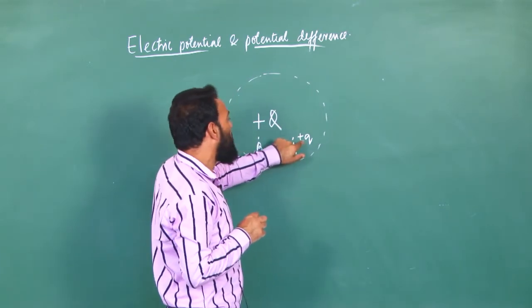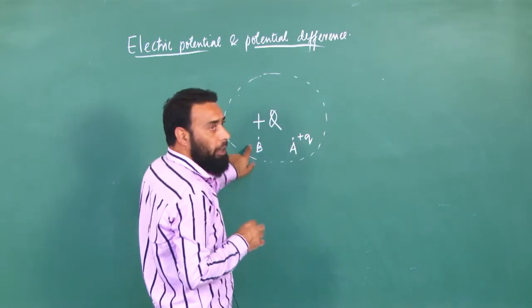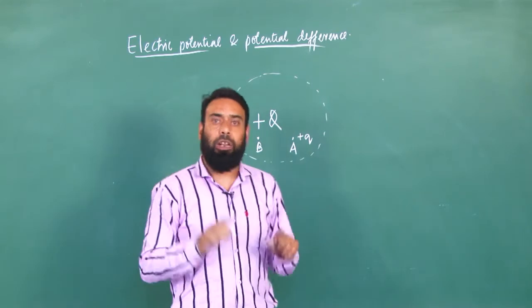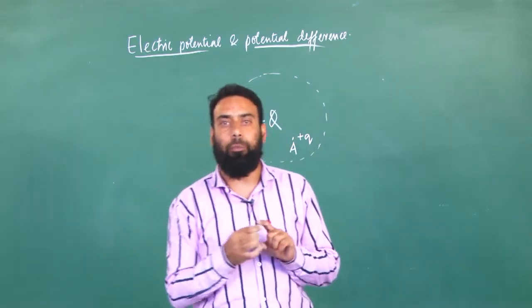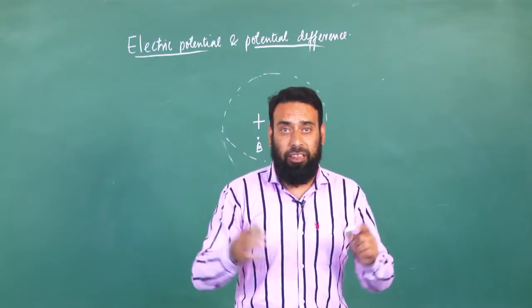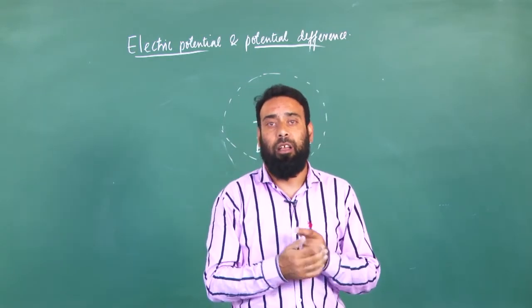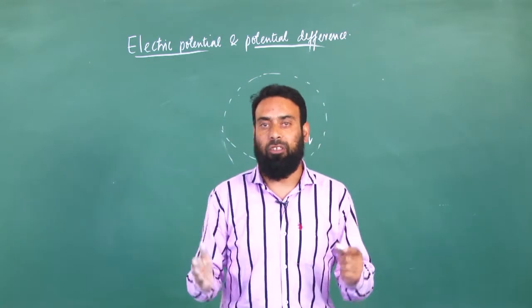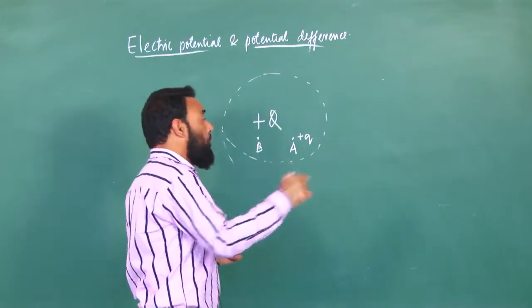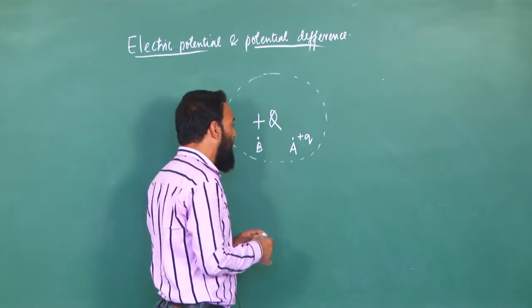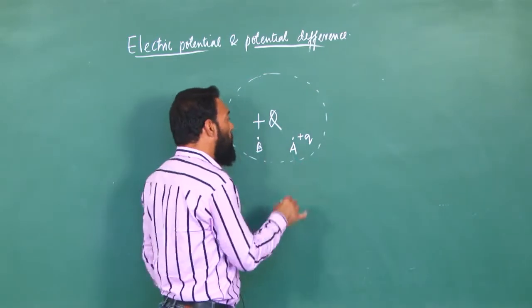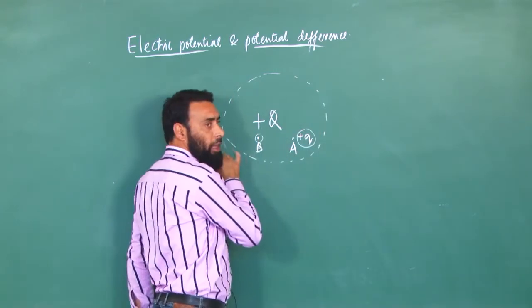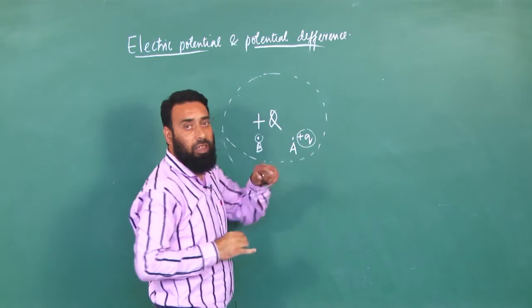If you bring this charge from point A to point B, then another potential is created at point B. But the potential at point A and the potential at point B are different, and that difference in the potentials at these 2 points we call electric potential difference. How is electric potential difference created? When you bring this Q charge from point A to point B.